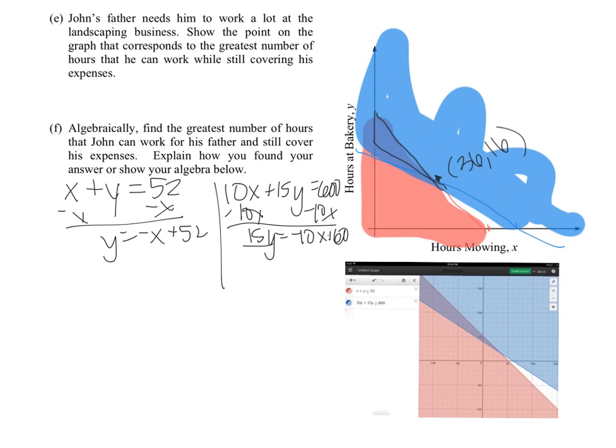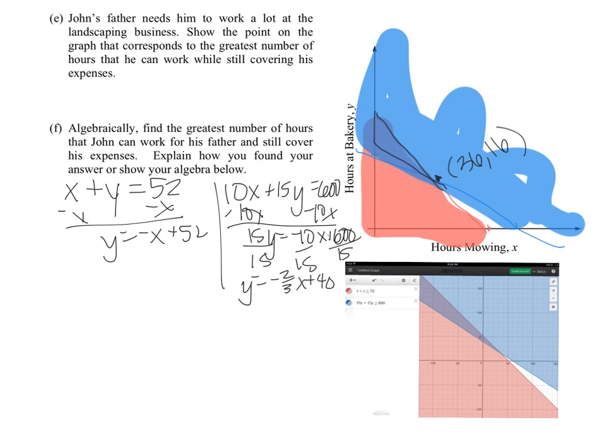We divide everything by 15. And y equals negative, and 10 over 15 can reduce down to 2/3 x, and 600 divided by 15 reduces down to 40.